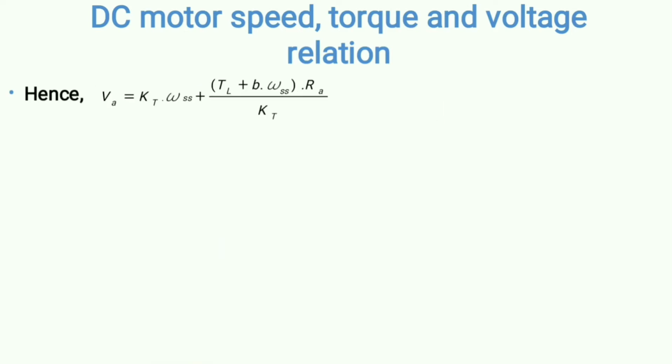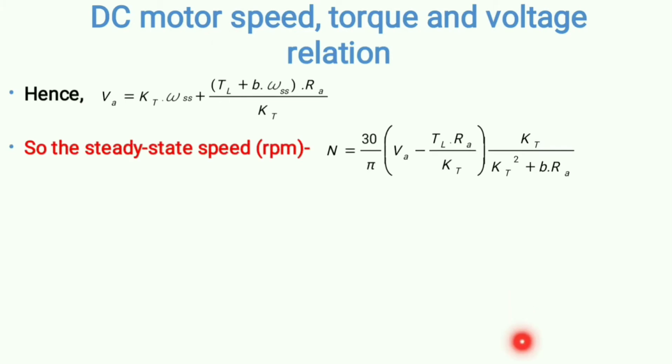After doing that you will get the expression like this, and after further manipulation you will get this, the steady state speed in RPM. So far I have talked about the speed in radian per second, but normally motor speed is expressed in RPM. So I have converted it into RPM, and it becomes this. So this is the entire expression of steady state speed in RPM.